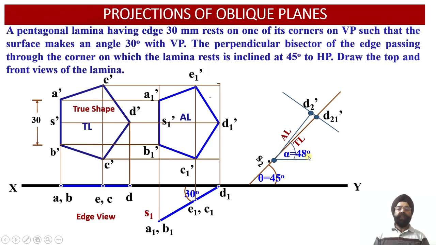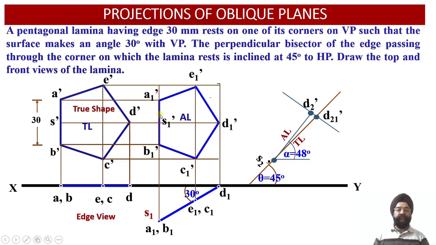So this is 48 degrees. Now you see this pentagonal front view apparent shape projection has to be transferred such that it will be inclined at an angle alpha equal to 48 degrees with respect to the horizontal plane, and onto this 48 degree orientation this apparent length D1 dash S1 dash will be lying. That is, this is D2 dash, this is S2 dash.